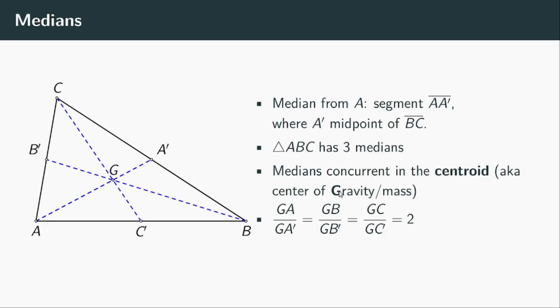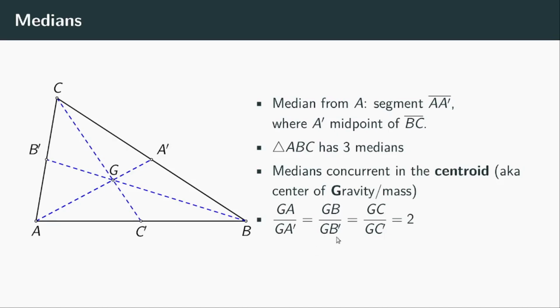When I say center of mass, I mean if you imagine this thing was made out of some thin material, like a piece of cardboard, in principle you'd be able to balance it on a pin located at G.